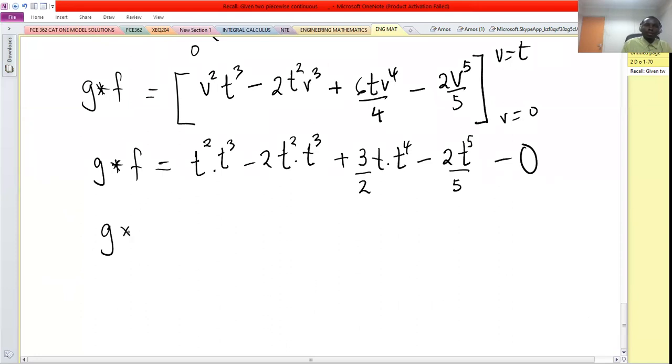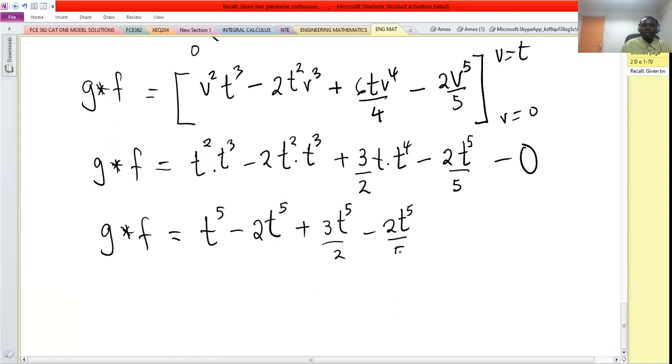So g star f will be t power 5 minus 2t power 5 plus 3t power 5 over 2 minus 2t power 5 over 5. The LCM is 10.